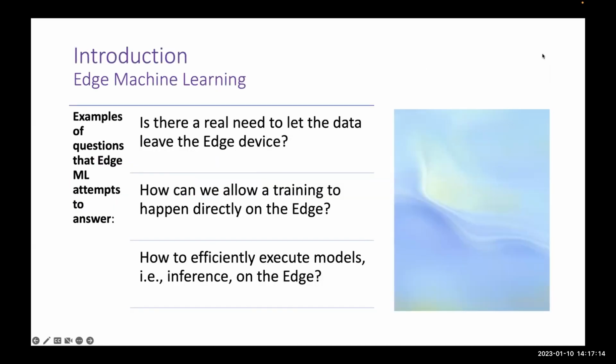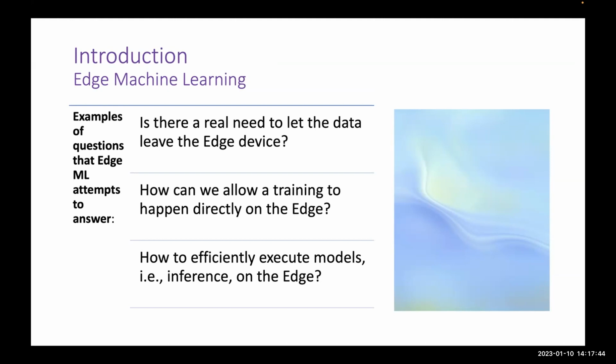These are examples of questions that edge machine learning is trying to answer. The first one: is there a real need to let the data leave the edge device? For the moment, there is. Till a few years back, there was a need, because the edge was very limited in terms of computation. But now we start asking the question, because the edge devices have become much more interesting in terms of computation power.